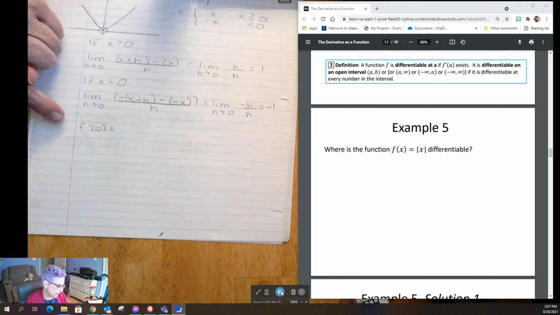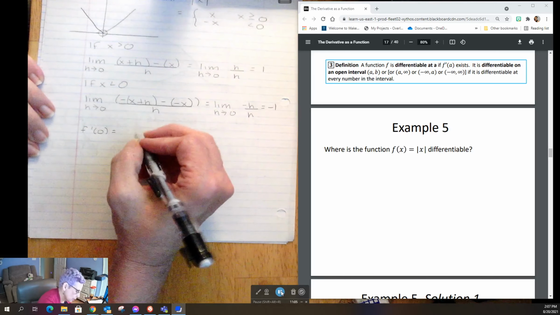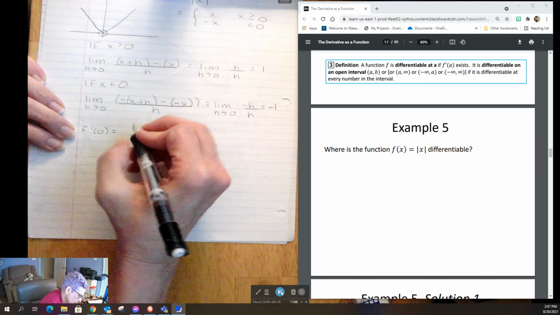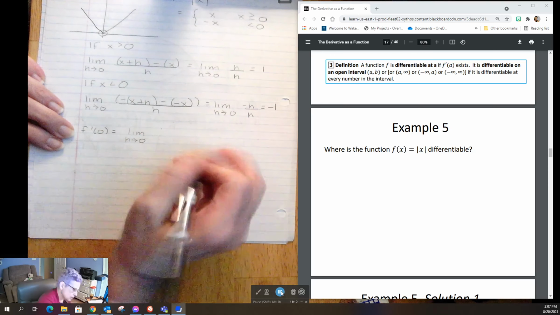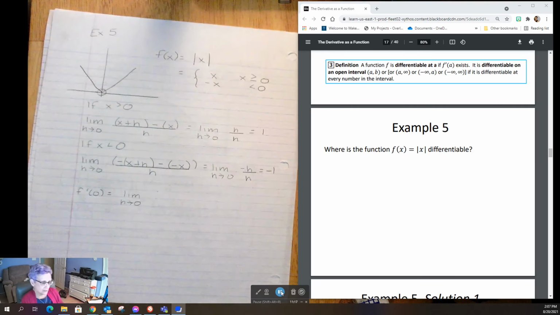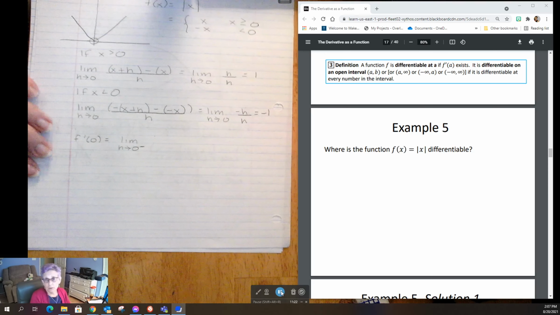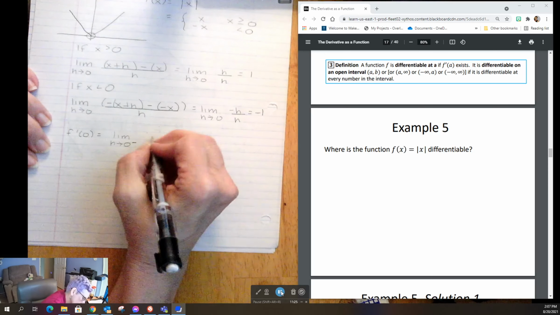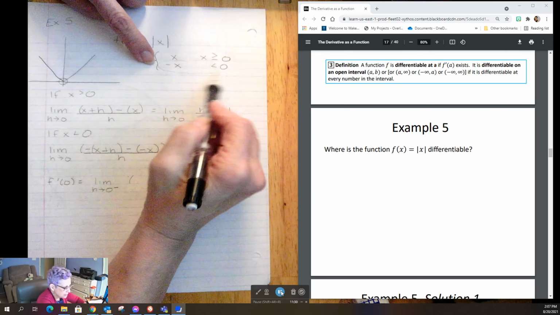Now for the value of the derivative at 0, I'm going to go back to just plugging the a in like we did back in section 2.7. So this would be the limit as h approaches 0, and since the function looks different on different sides, I'll approach from the left and from the right separately. If I'm approaching from the left, I'm using this piece.